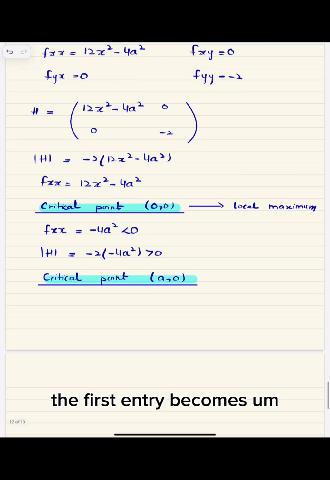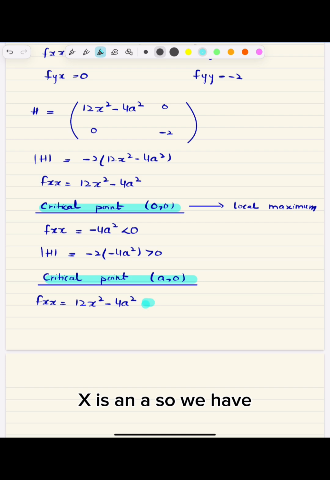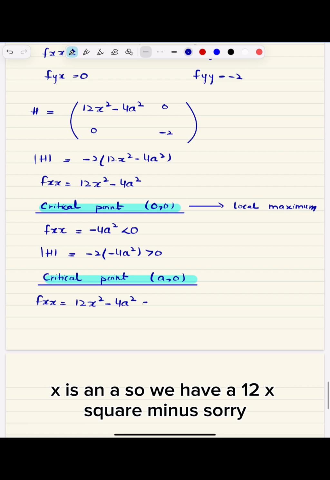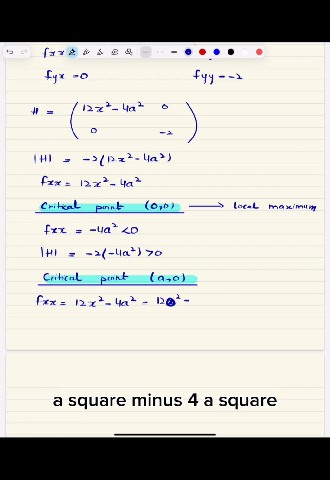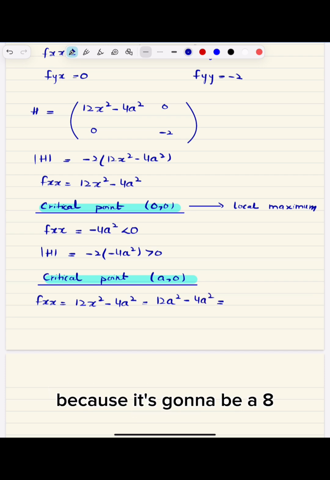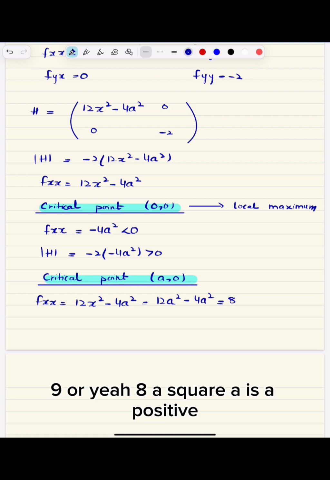The first entry becomes, since x is a, 12a squared minus 4a squared, which is actually a positive number, because it's going to be 8a squared.